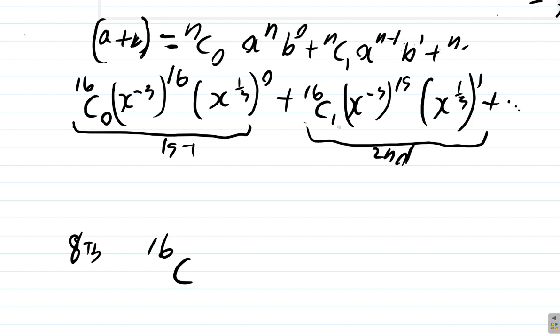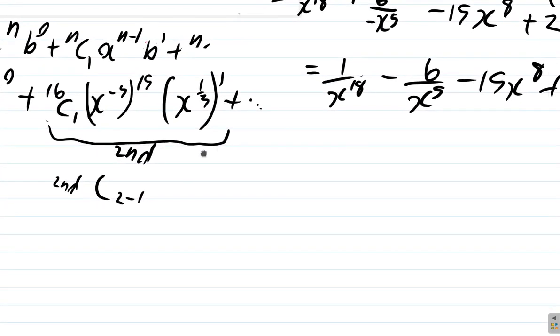Second term has 16 C 1. So for the first term, the number that the C ends with is 1 minus 1, which is 0. For the second term, the number that the C ends with is 1, which is 2 minus 1.